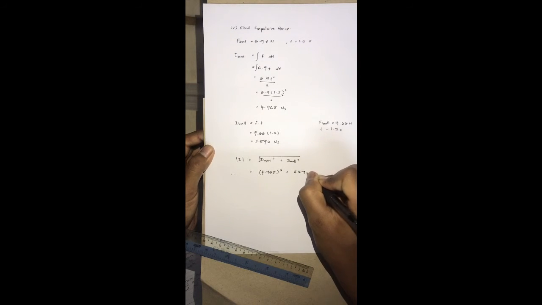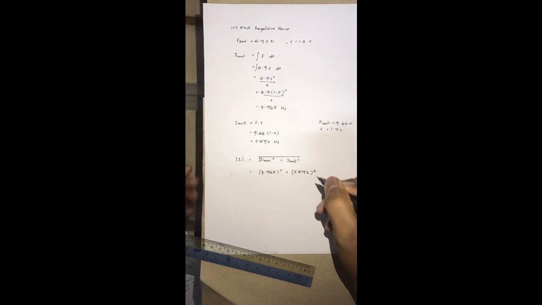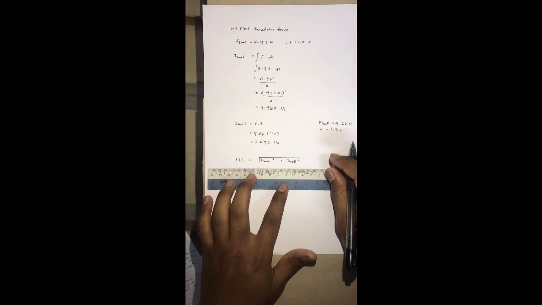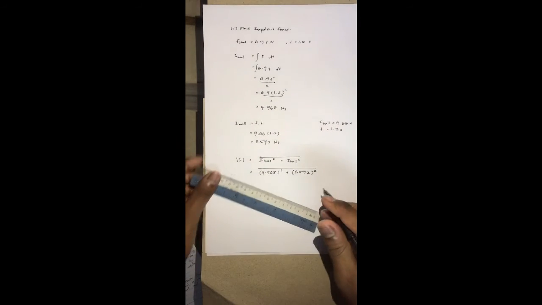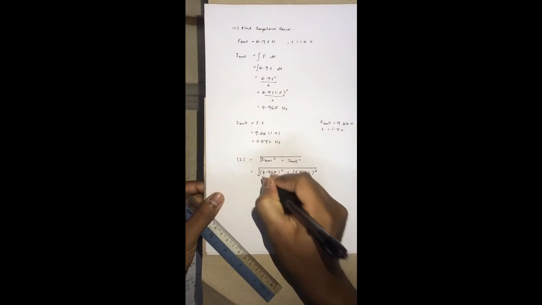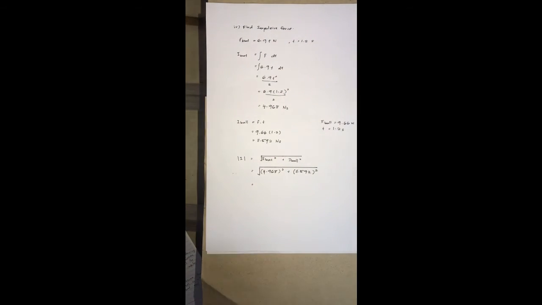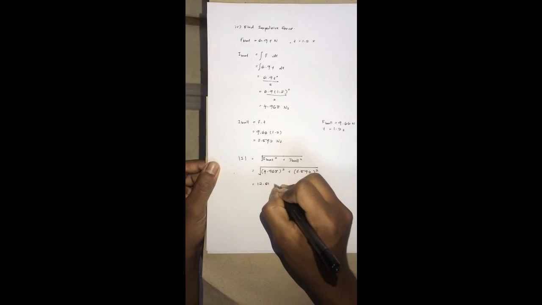After calculating, we get the answer: the magnitude of the impulse is 12.7 Newton second.